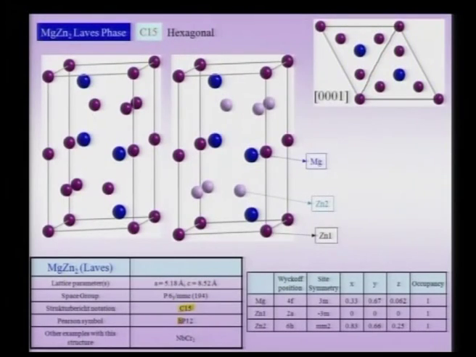Before I go to that, you should notice that if you look at the Wyckoff symbols, there are two kinds of zinc atoms here: zinc 1 and zinc 2. Zinc 1 is the one located at the vertices, and zinc 2 is the one located at c equal to 0.25, that means one quarter of the distance in the c direction. So this plane is one quarter way up.